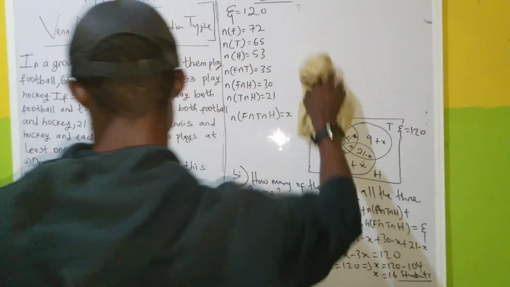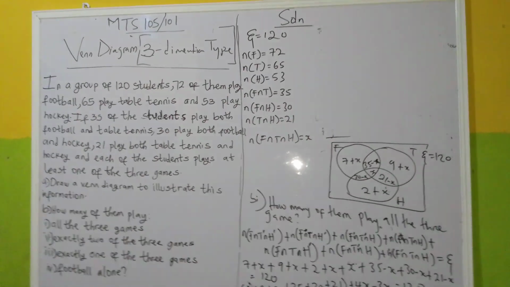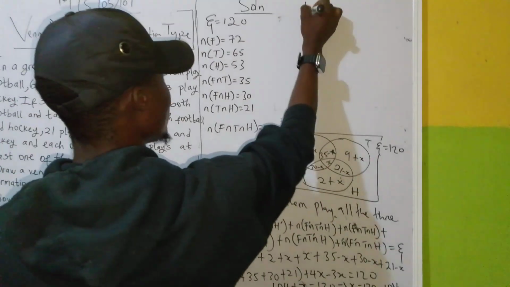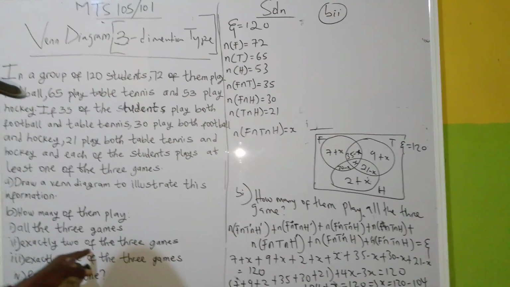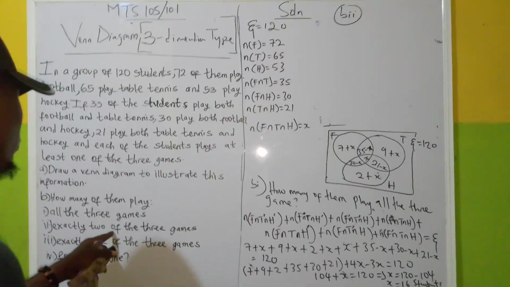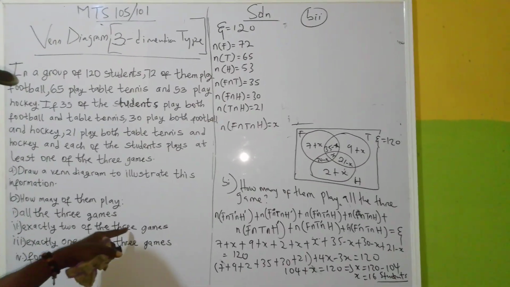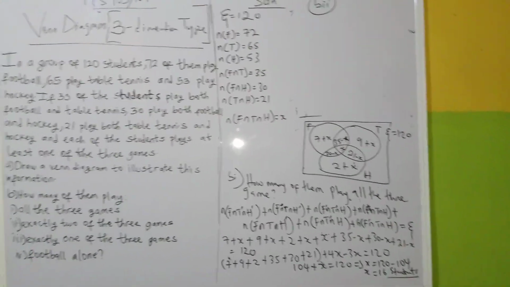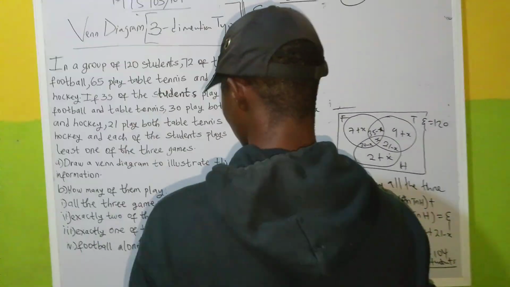Alright. Now we are going to be doing the next one, B(ii). They said exactly two of the three games. Those are the exactly two of the three games.